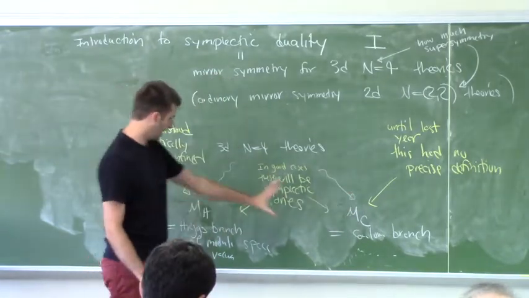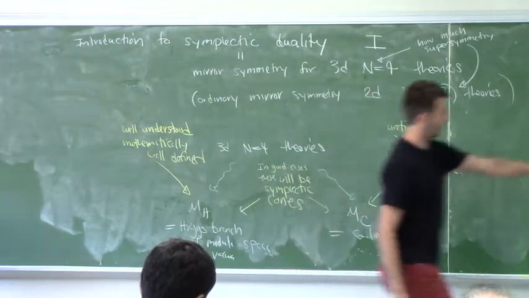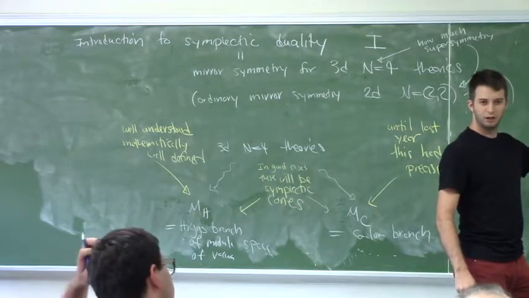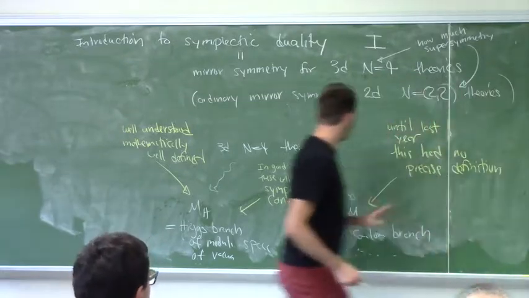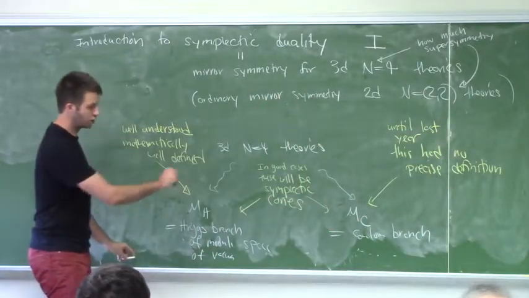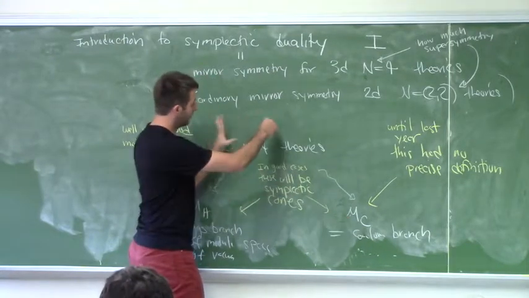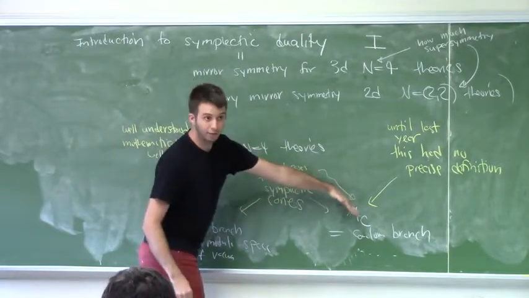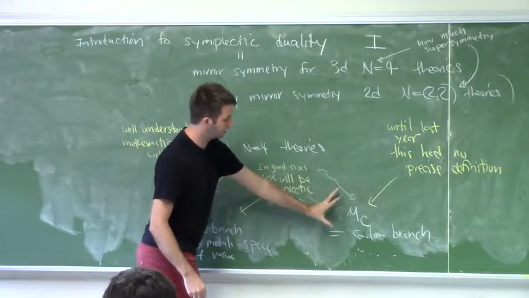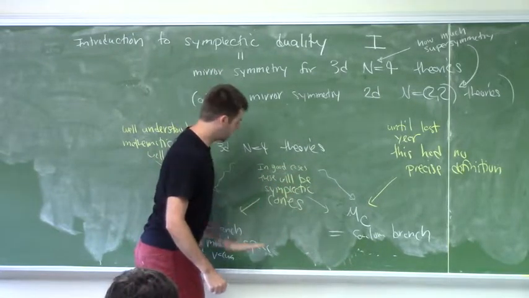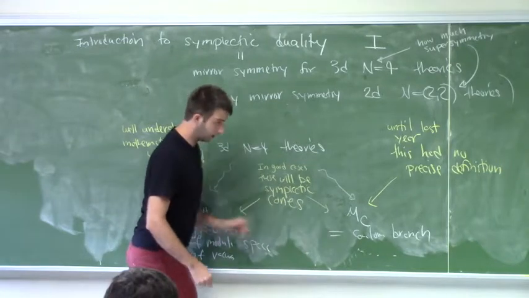Without a good definition of this space, it's hard to have a good definition of this category, and this is a hard thing to prove. But there are a lot of examples where people had some idea of what the answer should be ahead of time, even if they didn't know how to calculate it rigorously from this picture. And people were still able to make some progress in comparing these sides.